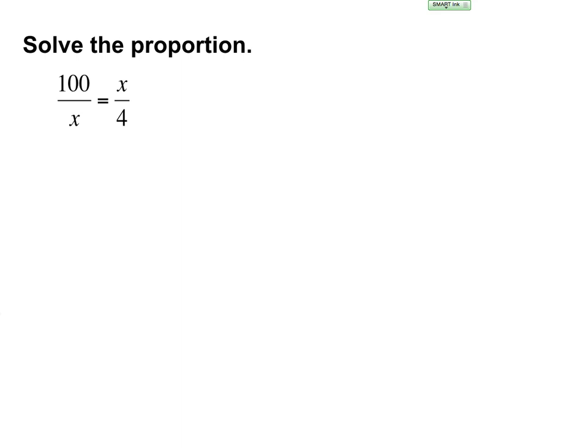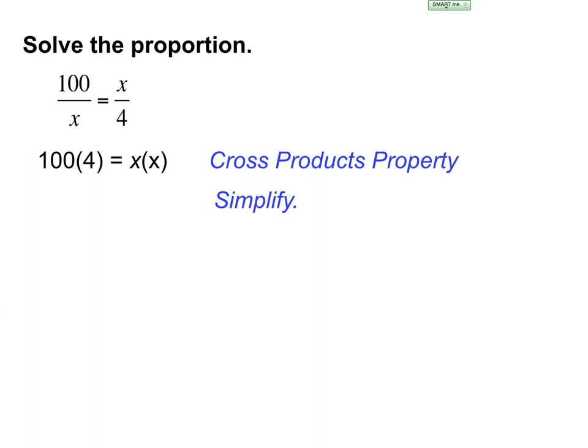What's x times x? X squared. It's not 2x. That's when you add. X times x is x squared. So you're going to have to do a square root to solve. Remember when you square root, there would be a positive number and a negative value that would square to give you 400.